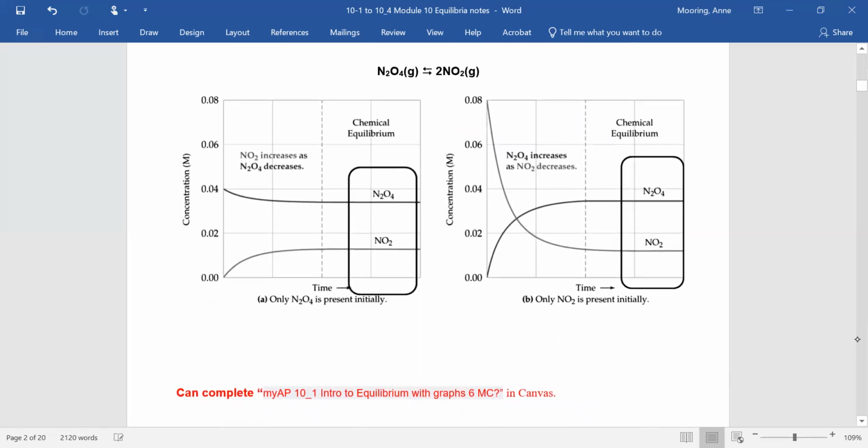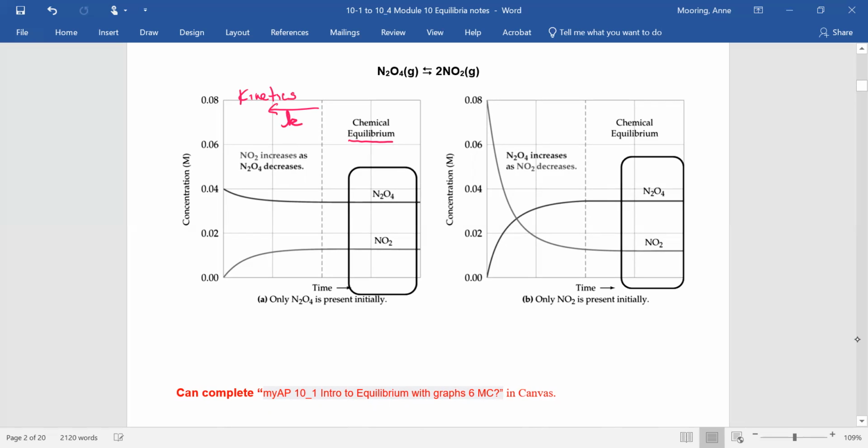Let's take a look at the same equilibrium, and what I want you to look at is the relative concentrations of N2O4 to NO2, no matter where we start. So again, chemical equilibrium to the right-hand side, kinetics to the left, with a little k.